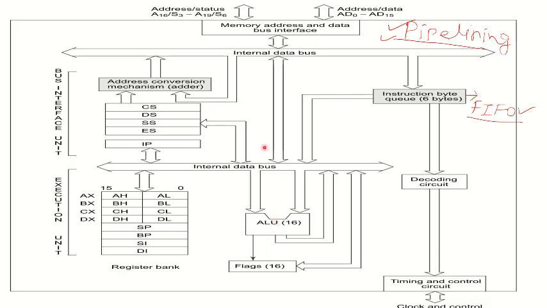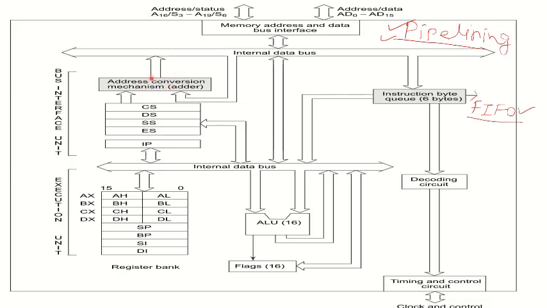Here this is also an ALU or adder, but it performs a different task. This ALU performs the arithmetic and logical operations, while this adder performs a very important task, that is 20-bit address generation.